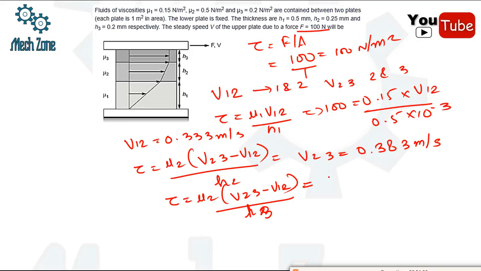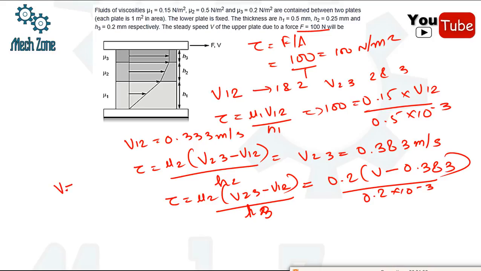So this is coming out to be 0.2 into V minus 0.383, divided by H3, which is 0.2 into 10 to the power minus 3. From here we can solve that V is coming out to be approximately 0.483 meters per second. So this is the answer.